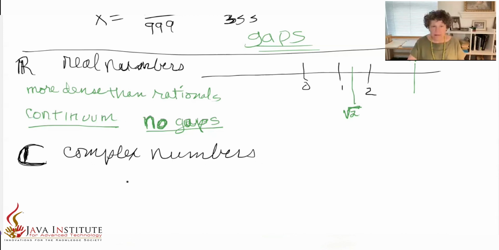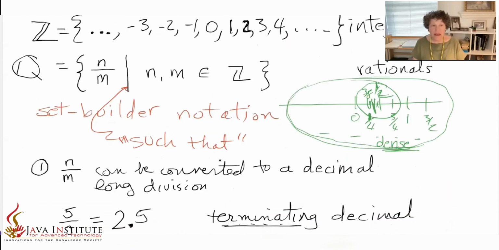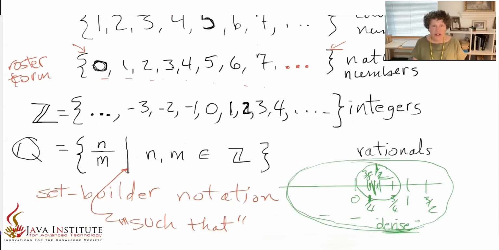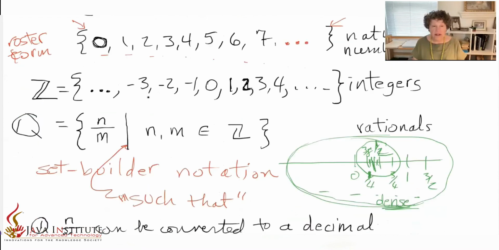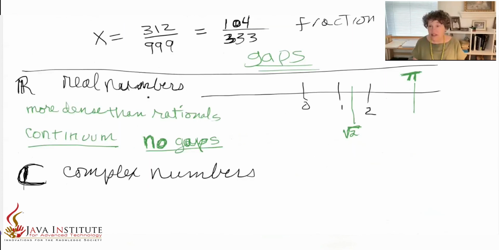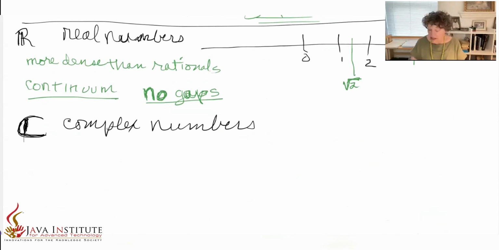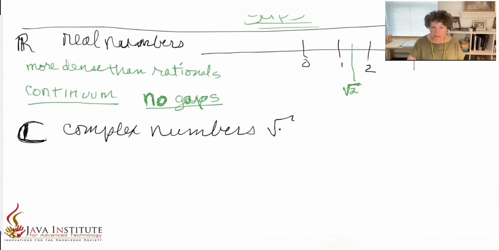Okay, so complex numbers. One thing you notice as we go through this sequence, we keep adding on more and more and more numbers. And here we just added on 0, and then we added on negative numbers, and then we added on fractions, and then we added on, to get the real numbers, all the stuff in between the fractions. And now with the complex numbers, we're going to add in one number but more than one number.